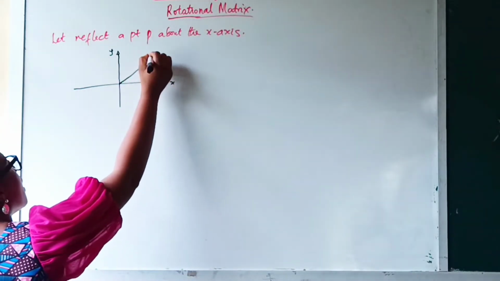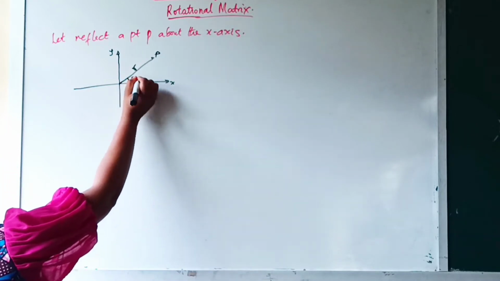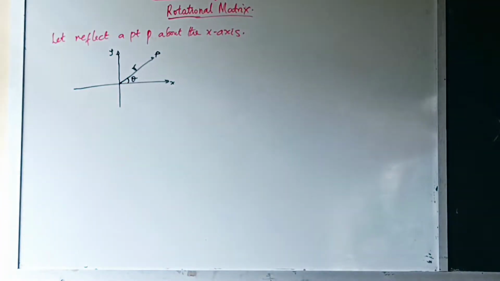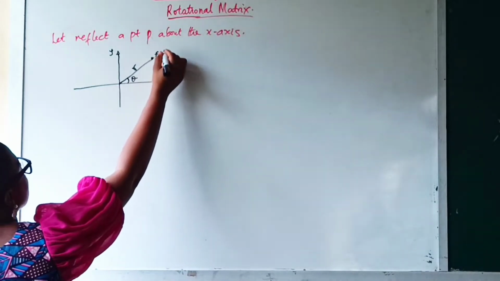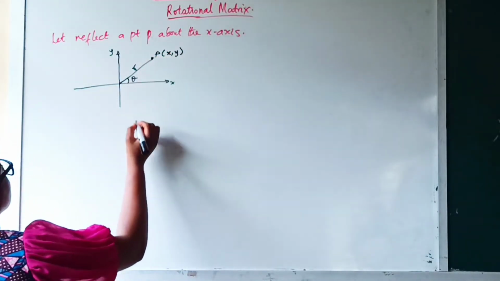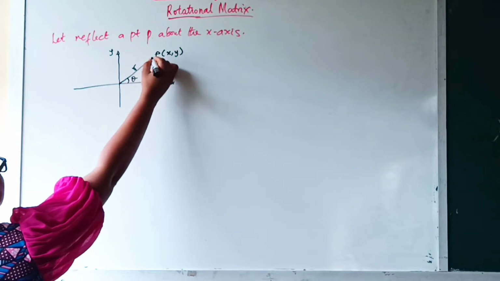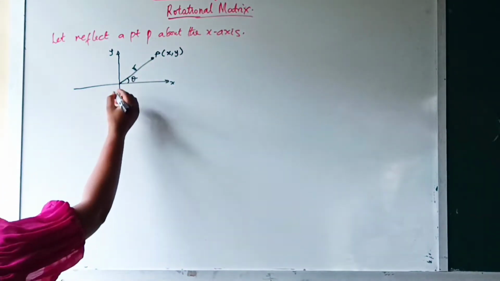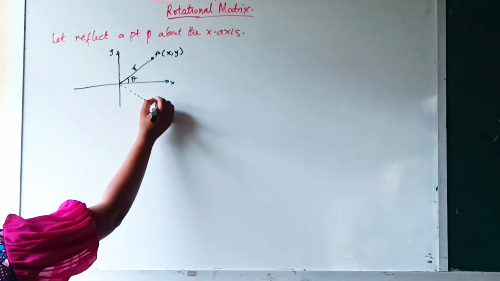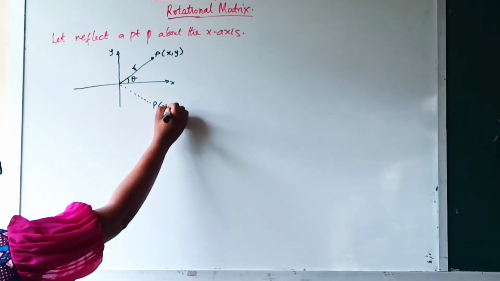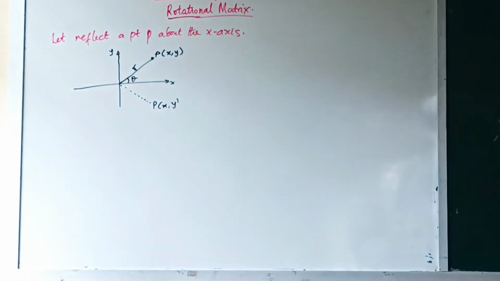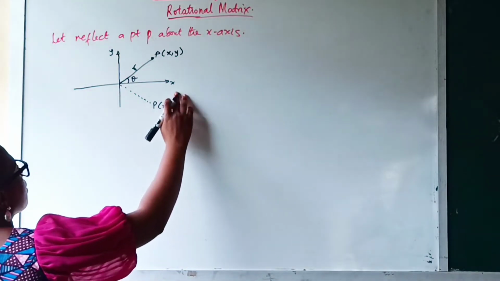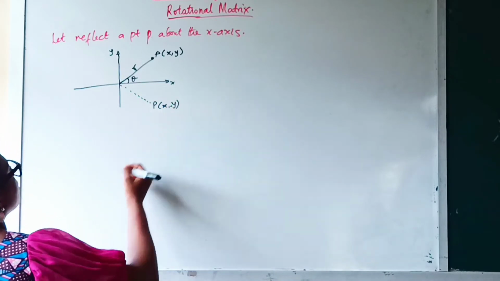So this will be r, and then this will be say theta. Now, we say we should reflect about the x-axis. It means that we are going to keep the x-axis fixed. This point is x, y. So we are going to keep the x-axis fixed, and then reflect it considering the y-axis. So it's going to be here, because here we have the same x, but a new y. You can call it minus y, but it's a new y.